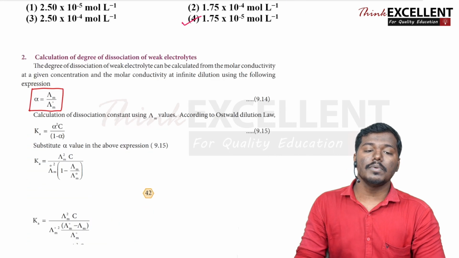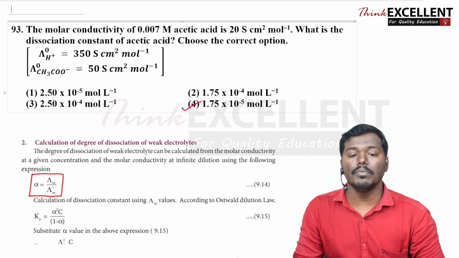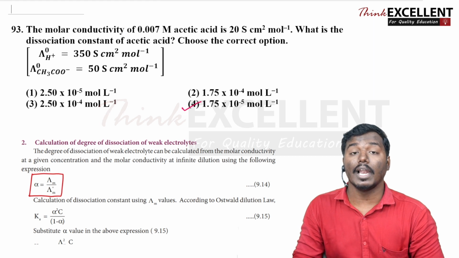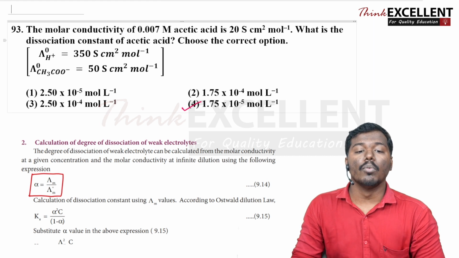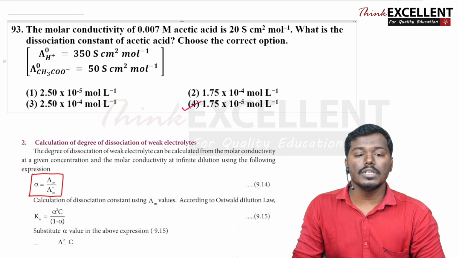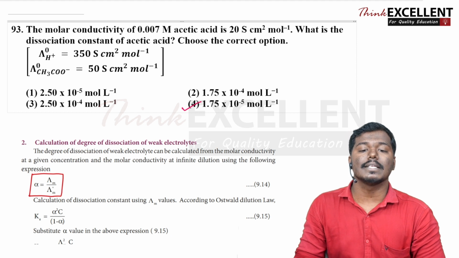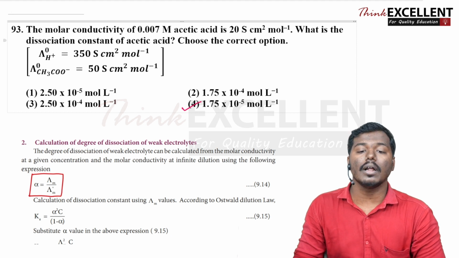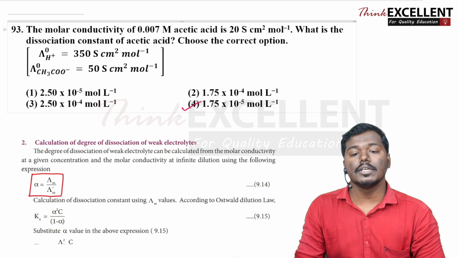Okay, so next we are going to question number 93. We can see that it is asked based on the electrochemistry, that is the molar conductivity of 0.007 molar acetic acid is 20 Siemens centimeter square mole inverse. So what is the dissociation constant of acetic acid அப்படினு கேட்டிருக்காங்க. So molar conductivity of acetic acid கொடுத்திருக்காங்க, அதோடைய concentration கொடுத்திருக்காங்க, dissociation constant கேட்டிருக்காங்க.